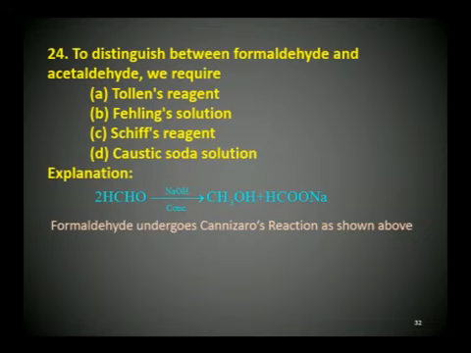Since formaldehyde does not have alpha hydrogen, it will undergo Cannizzaro reaction with caustic soda solution. Therefore, it produces methyl alcohol, that is methanol, and sodium formate. Whereas, when acetaldehyde is reacted with caustic soda solution, it shows aldol condensation reaction and forms an aldol.